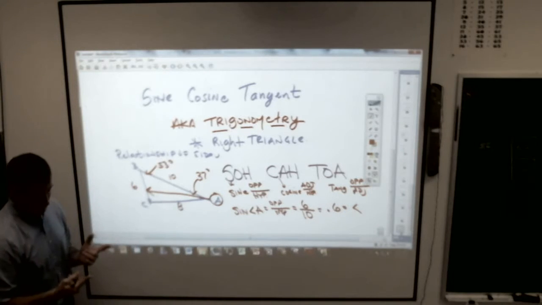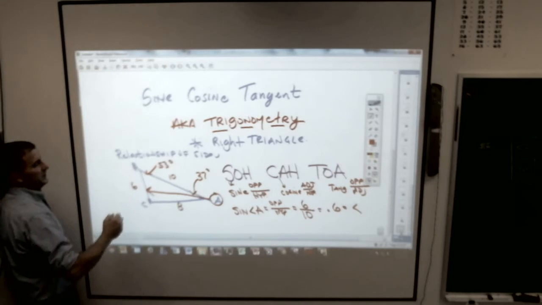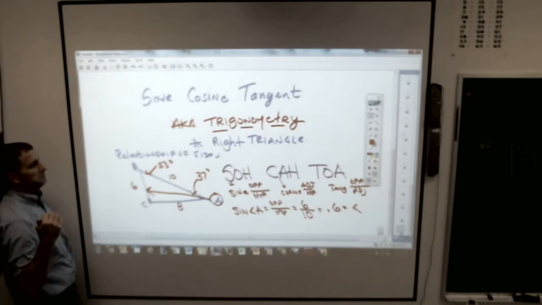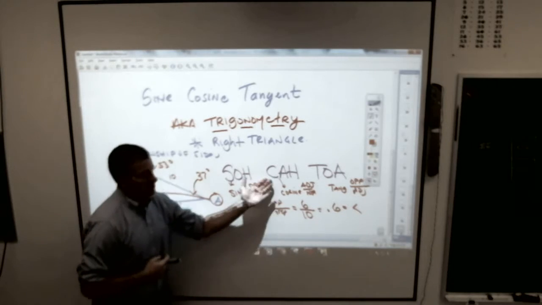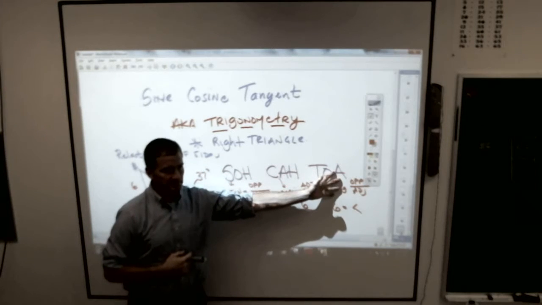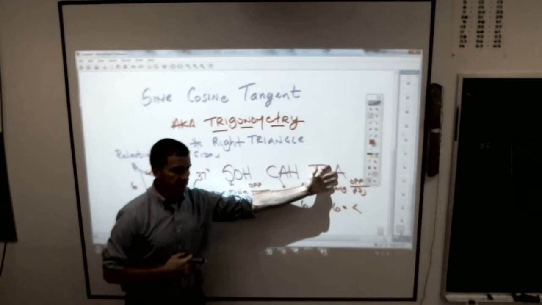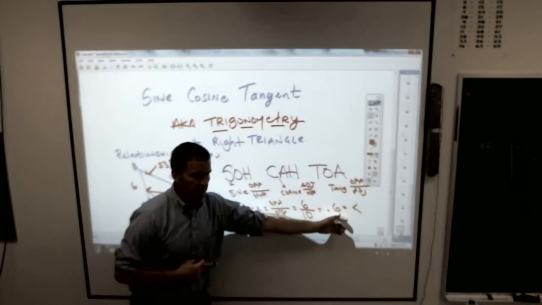Let's test it. I'm going to look at angle B. Aubrey Altenberg, pick either sine, cosine, or tangent. Just pick one of the three. Okay, tangent.